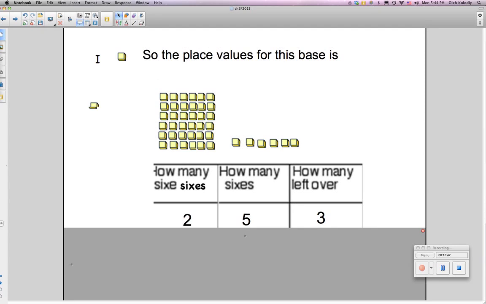Now this is not 253. This is in base 6. How much would this be in base 10?